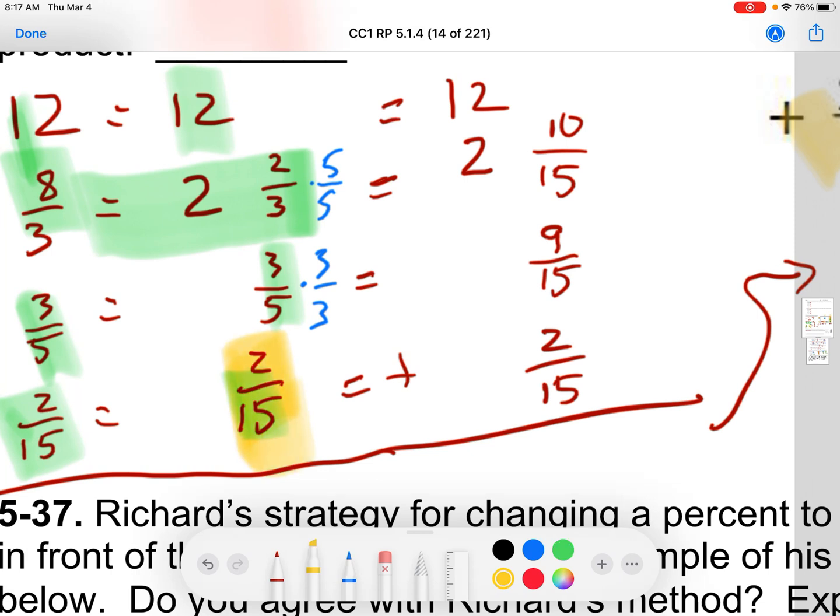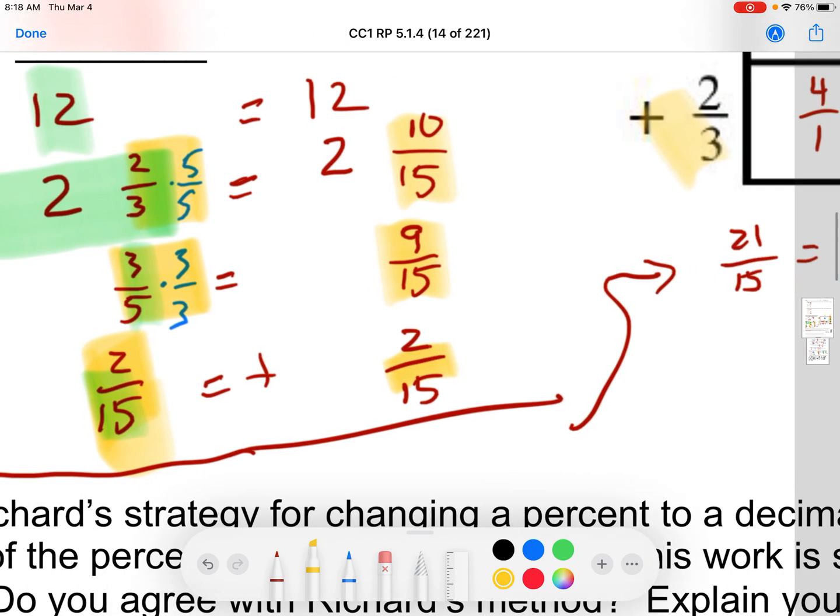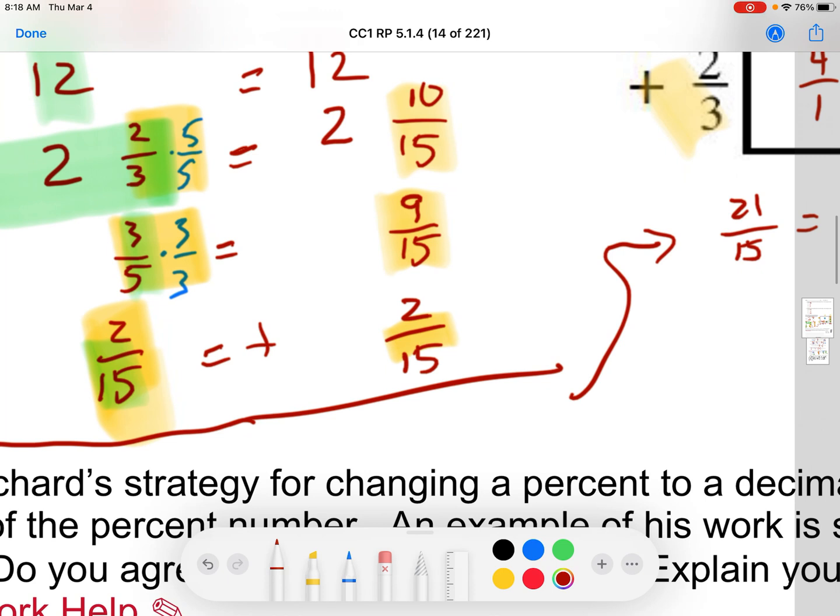And notice I'm changing the fractions of the 2/3 and the 3/5, right? 2 times 5 is 10, and 3 times 5 is 15. 3 times 3 is 9, and 5 times 3 is 15. Now that they're all like denominators, I can add all 3 fractions, and I can add those whole numbers. So 12 plus 2 is 14. 10 plus 9 is 19, plus 2, that gives 21/15.